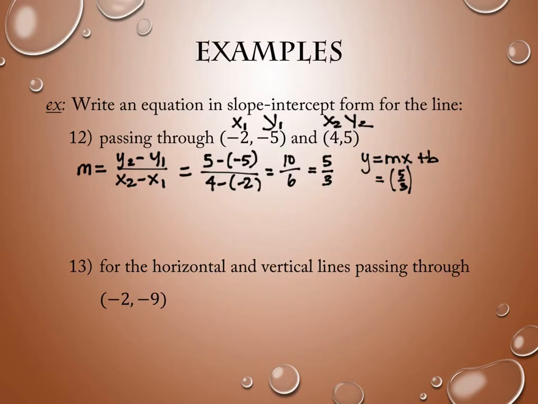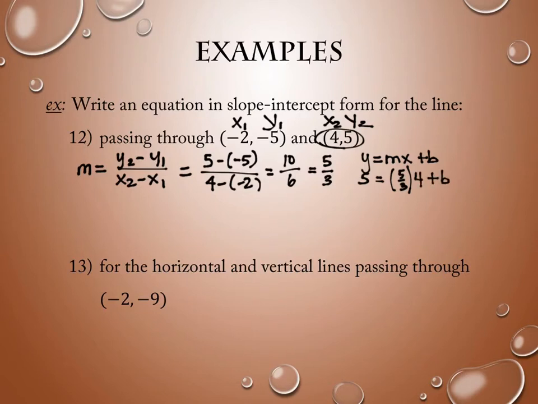I know 2 x's and 2 y's actually, right? Just need to pick one. And if I pick a different one than you do, we're still going to get the same b. How cool is that? It's pretty cool, right? So how about we use this one since it's positives. Are you good with that? 4 and 5, they're positive? Okay, so 5 for y, 4 for x, plus b.